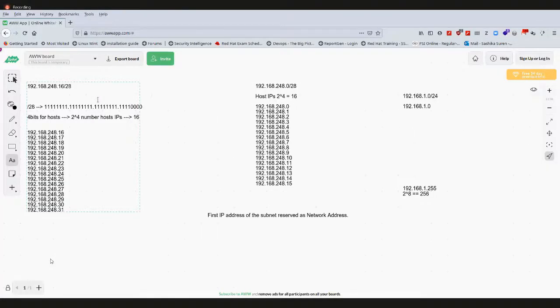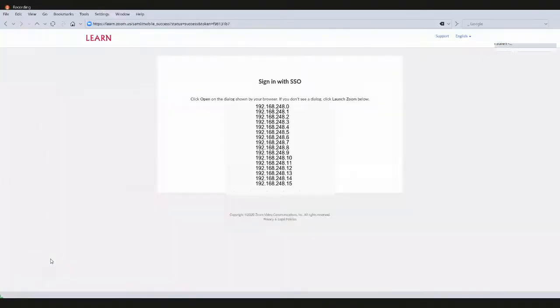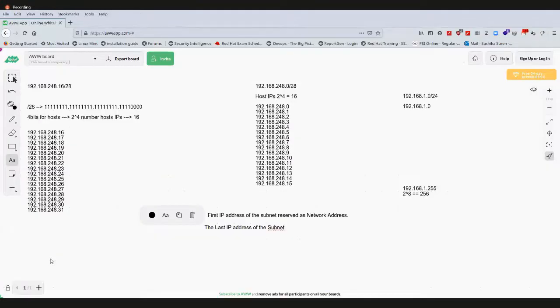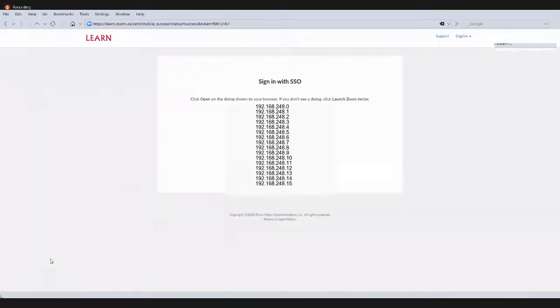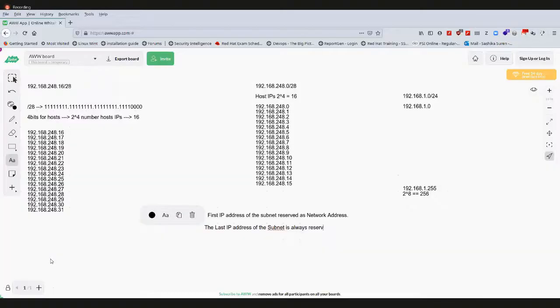Right. The second one is always the last IP address. The last IP address of the subnet is always reserved as what?